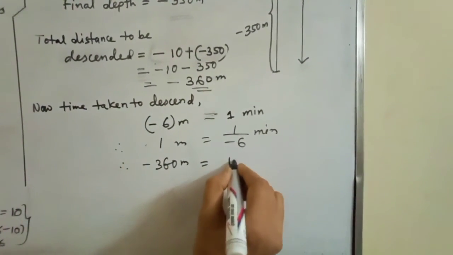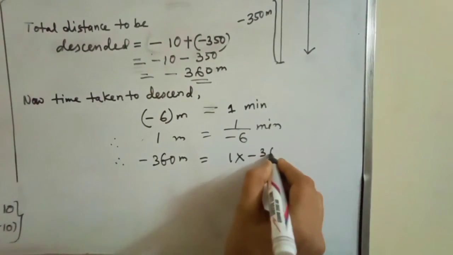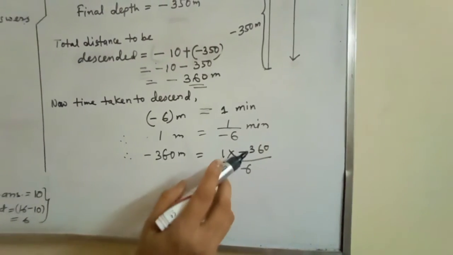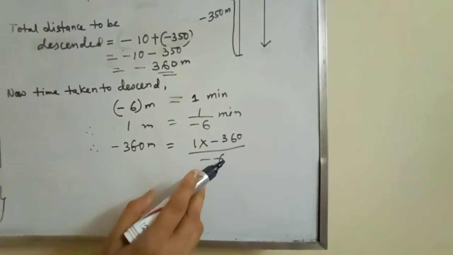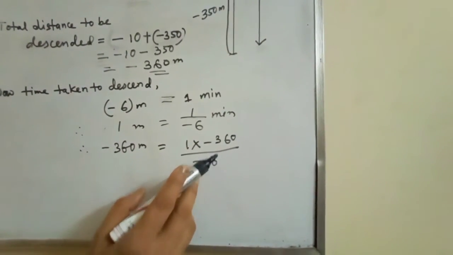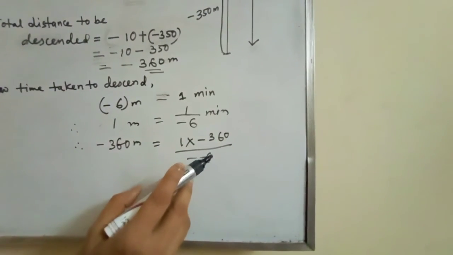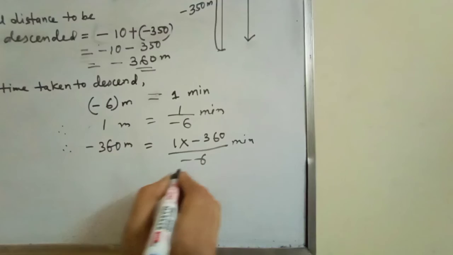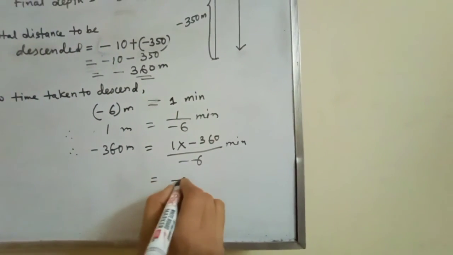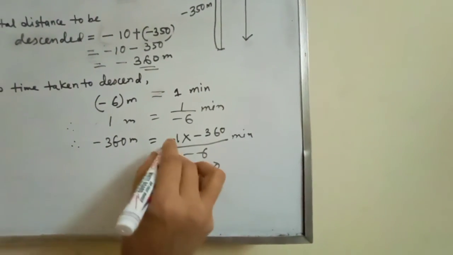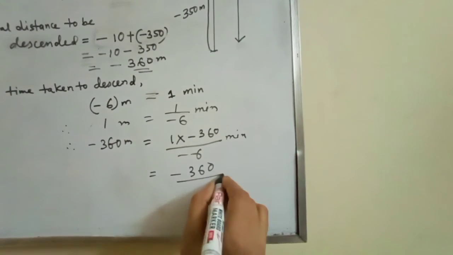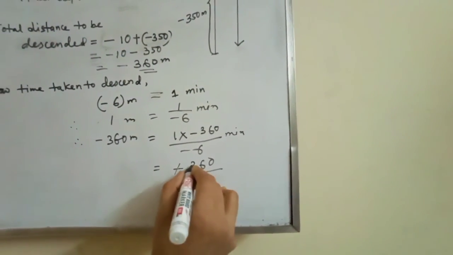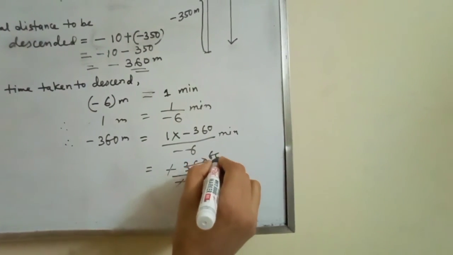In 1 into minus 360 by minus 6, or you can write it this way: total distance by speed, 6 meters per minute. So how much time will it require to cover this? Now minus 360 into 1 by minus 6, minus minus cancels, and 6 into 6 is 36, so you will get 6 minutes.